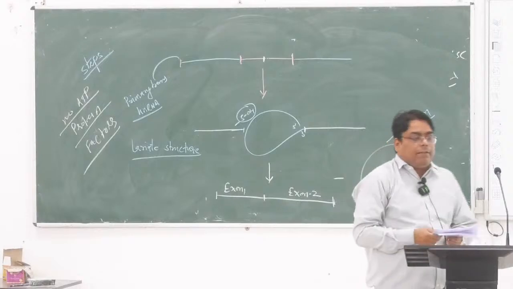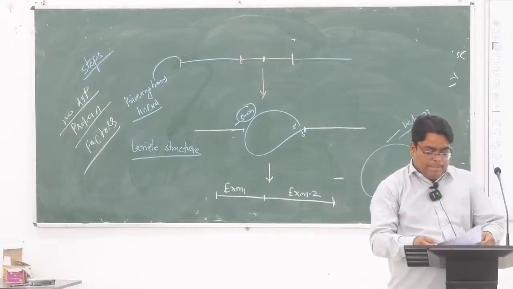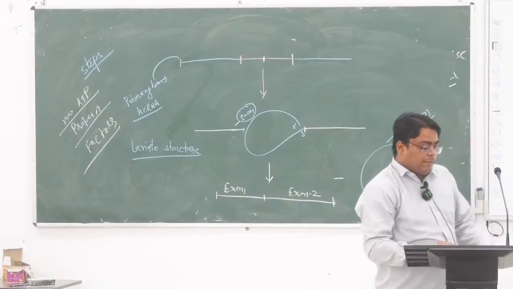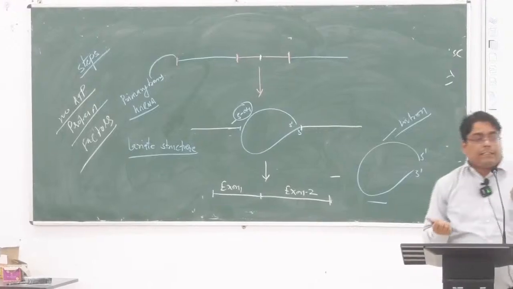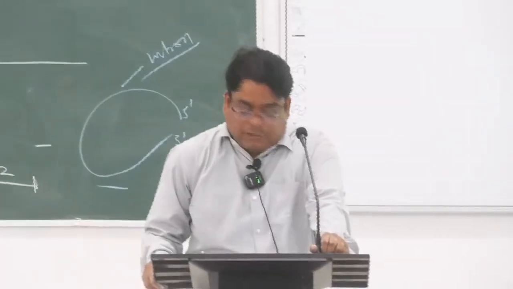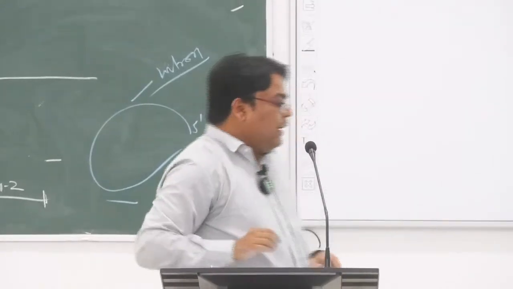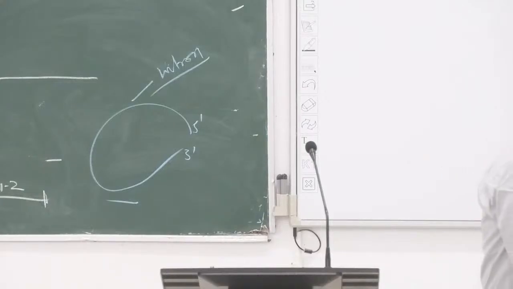Now, the second type is what? Removal by spliceosome. Spliceosome is a special class of proteins. All of you understand this?